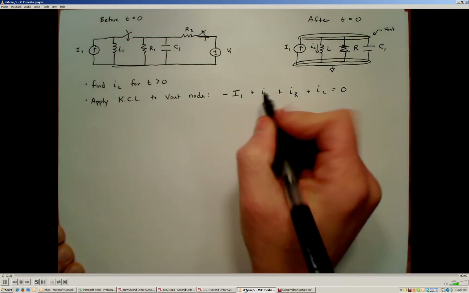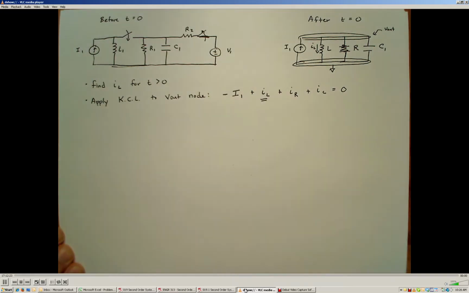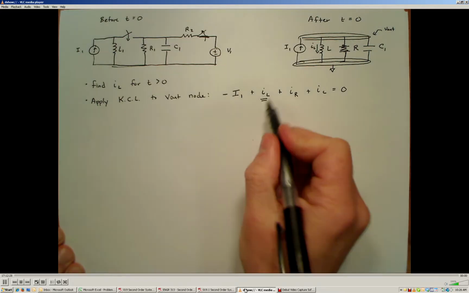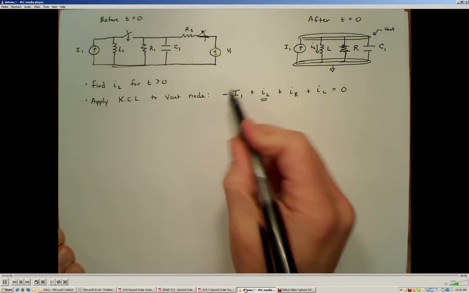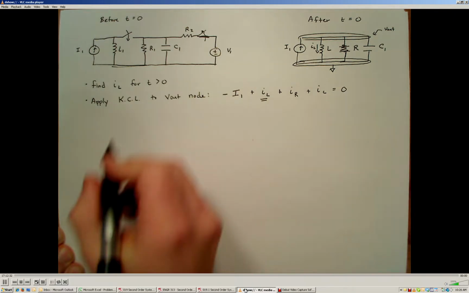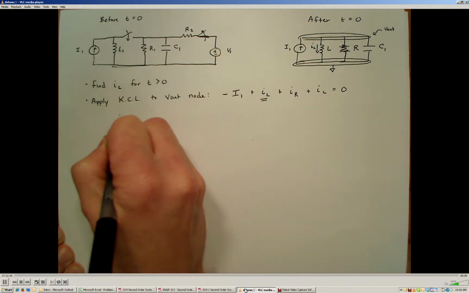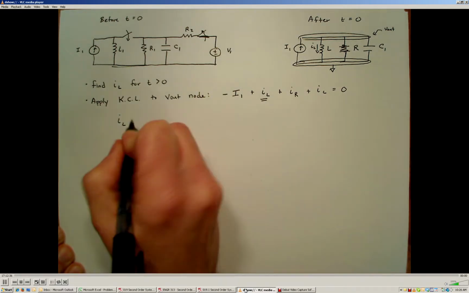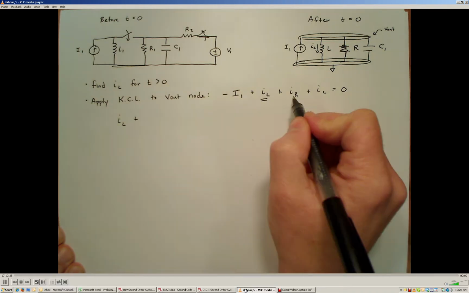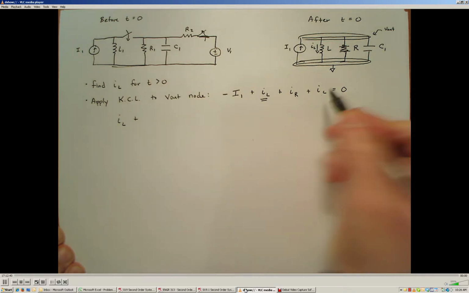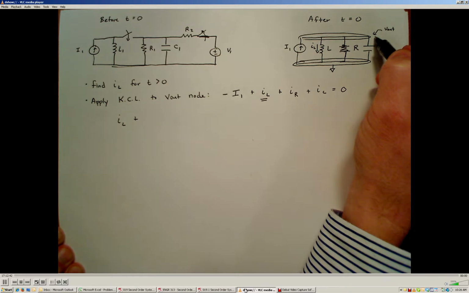The current through the inductor is the variable that I'm trying to develop the differential equation in terms of. So I'm going to leave this one fixed, and I'm going to take I1 to the other side of the equation. IL will remain, and then I'm going to write the current through the resistor and the current through the capacitor in terms of the node voltage at the Vout node.